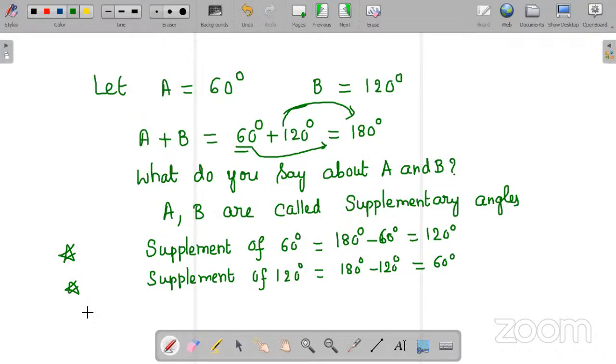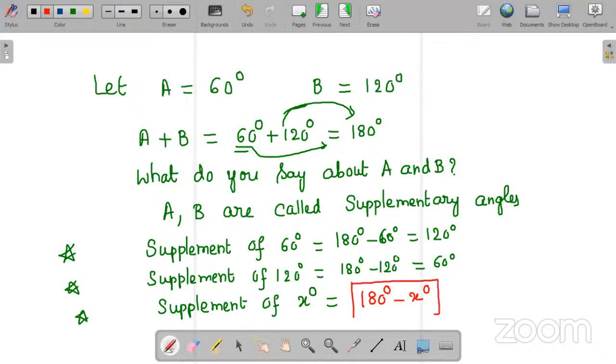Similarly, the supplement of x degrees is 180 degrees minus x degrees.